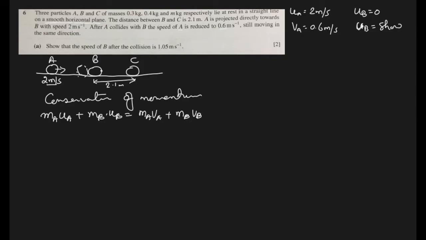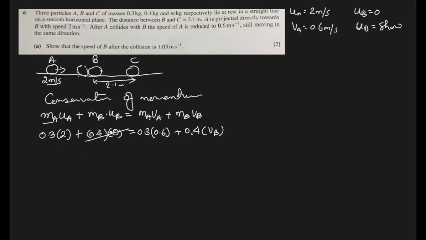So MA is 0.3 and speed is 2, plus mass is 0.4 for B, but it is at rest, equal to mass remains 0.3, velocity reduced to 0.6, and mass is 0.4 and we have to find VB, the final velocity of B.